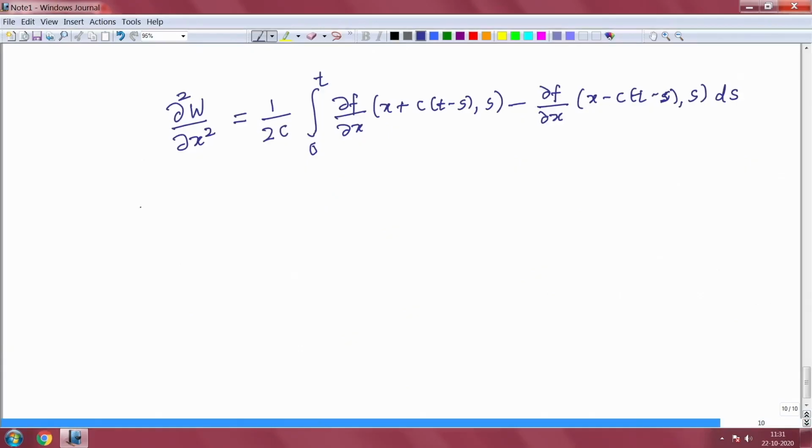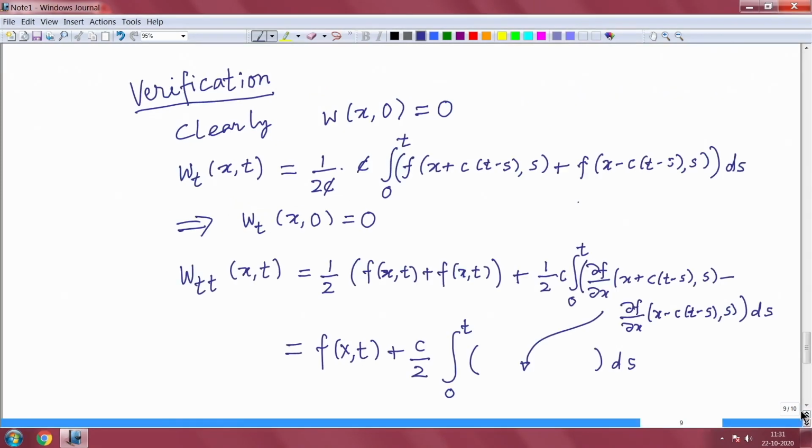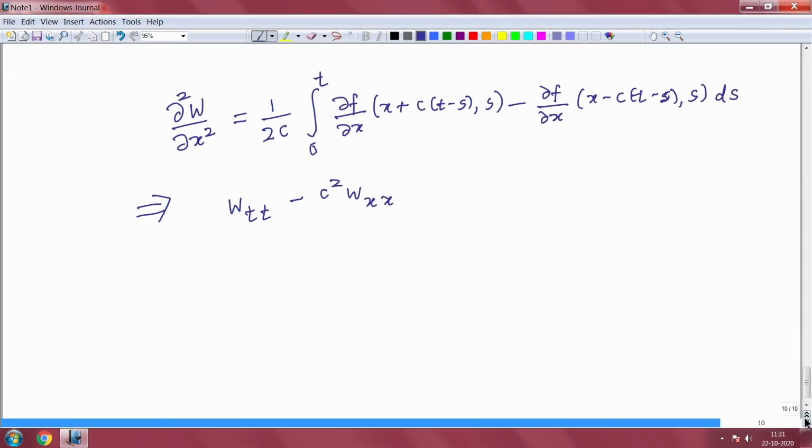So, immediately you see that w t t minus c square w x x. This c square term will produce c by 2, and there is a c by 2 term here also. So, that gets cancelled, and what remains is only f of x, t.